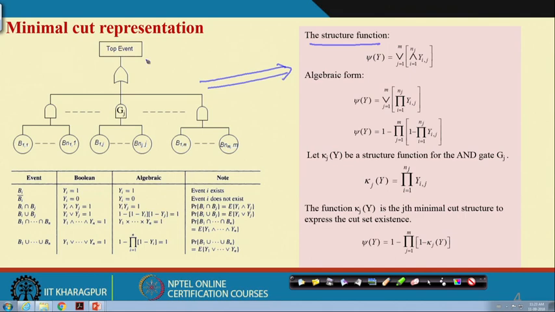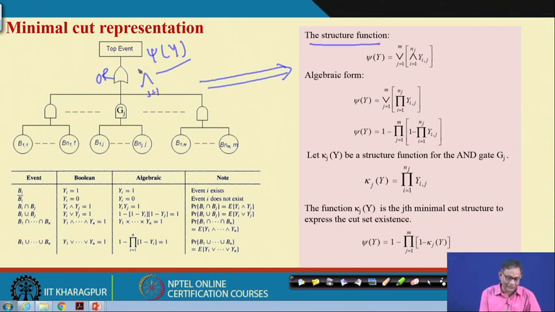The structure function for the top event, which we write as psi y, is an OR gate, so we will be using this symbol. How many inputs are there? There are m inputs, so j equal to 1 to m.